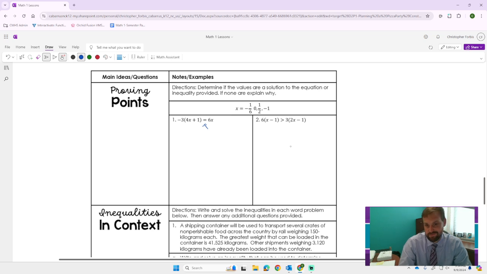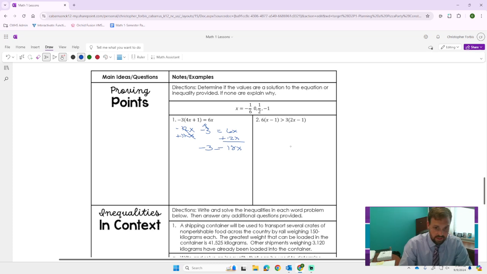Save ourselves the steps. Because it said determine if the values are a solution, I'm going to distribute the 3. So that's negative 12x minus 3 equals 6x. I'm going to add 12x to both sides, and I get 18x equals negative 3.